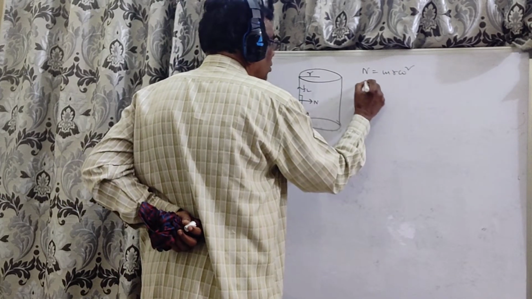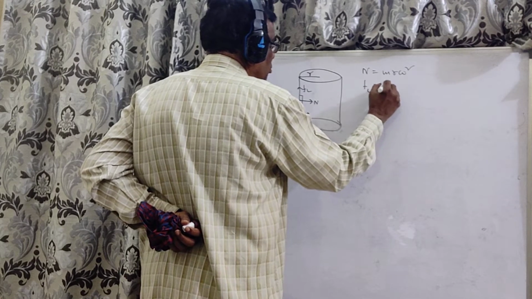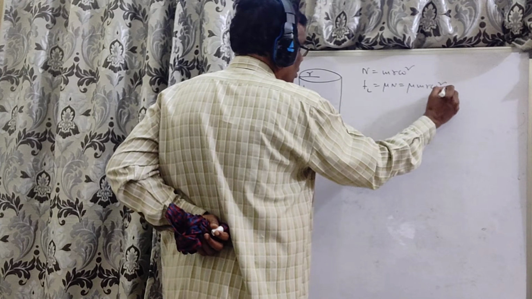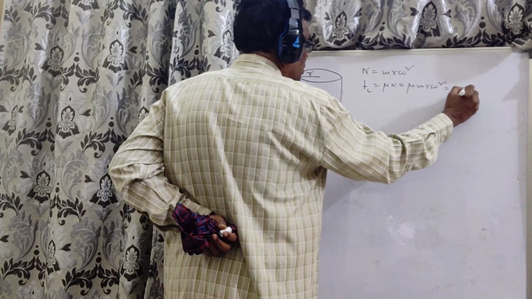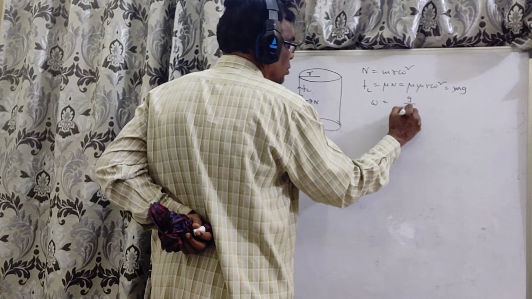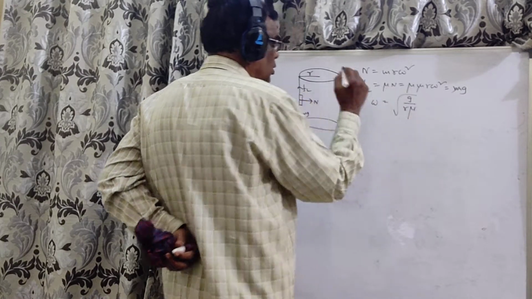So you have FL is mu N, is mu m r omega square, is mg. Omega is root of g by R mu.